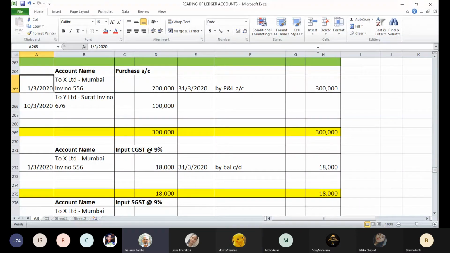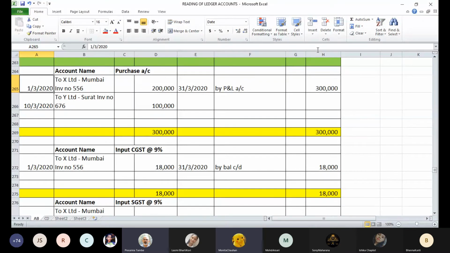Now X Limited is your supplier, and X Limited is in Mumbai. So what kind of tax should X Limited levy if GST is 18%? Will it be IGST, CGST or SGST? You are also in Maharashtra, Vijay, and your supplier is also in Maharashtra. So it won't be IGST, it will be CGST and SGST.